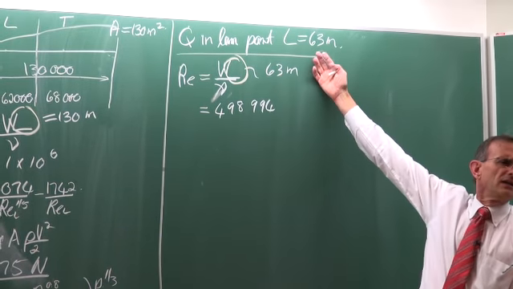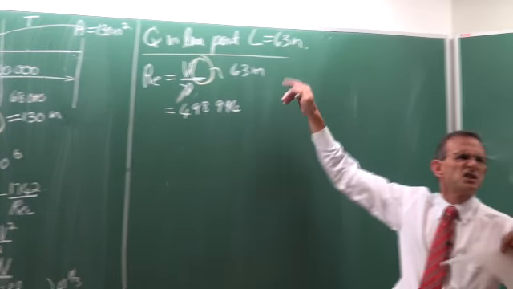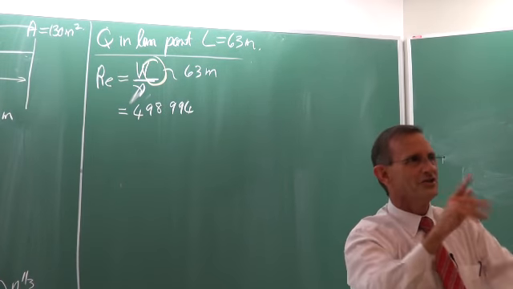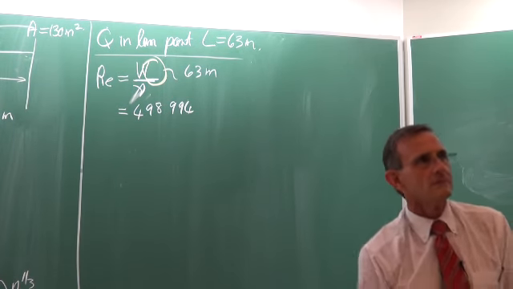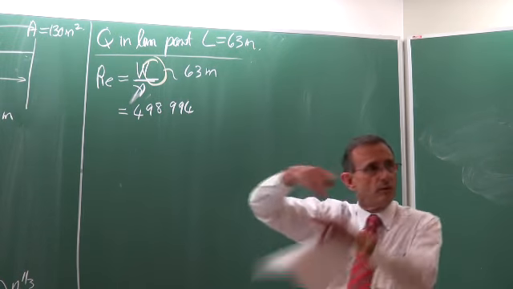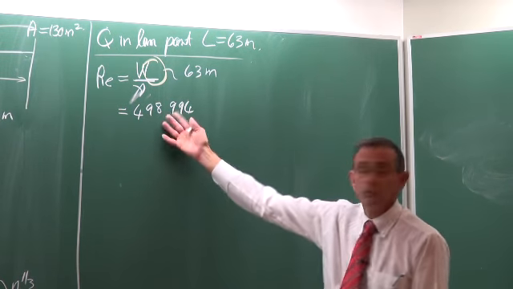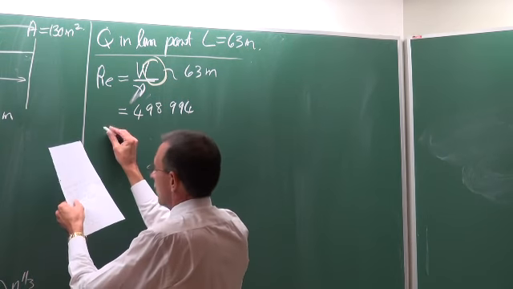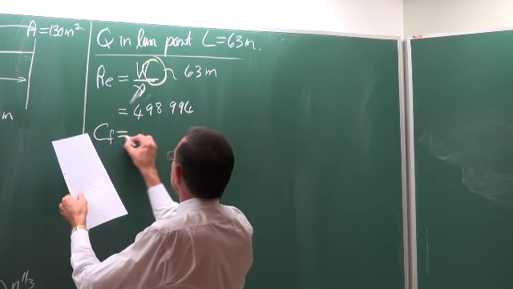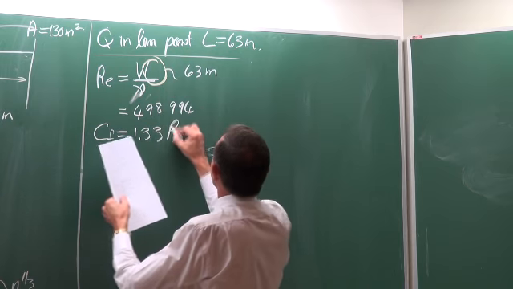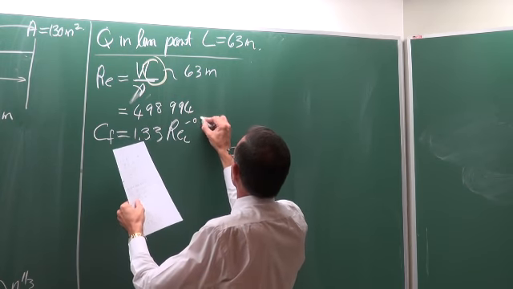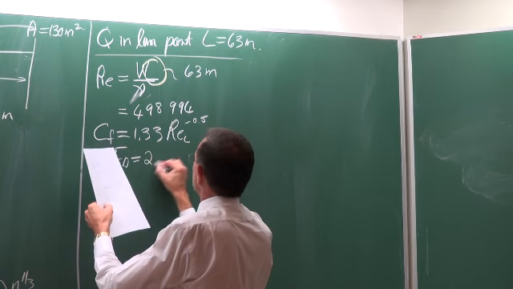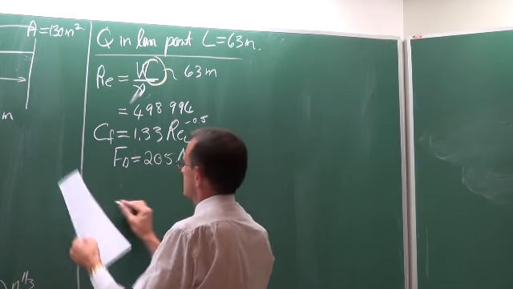If you use the exact value of 62.13, it would be exactly 500,000. That's the only reason why it is not that. Some of my values I've thrown away, but it should be 500,000. For laminar flow, CF is equal to 1.33 Reynolds to the minus one-half. From that, we can calculate the drag as 205 newtons.